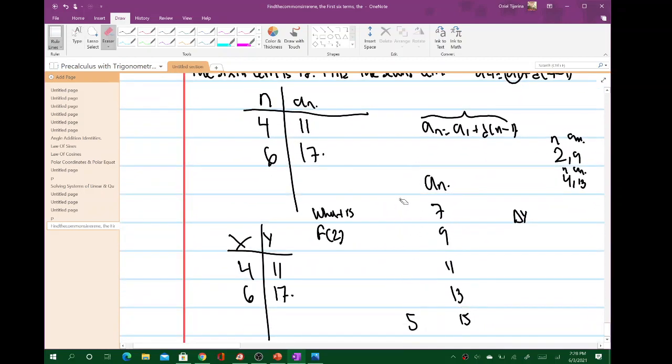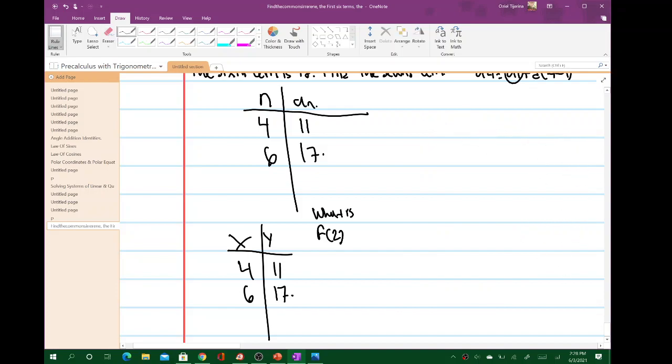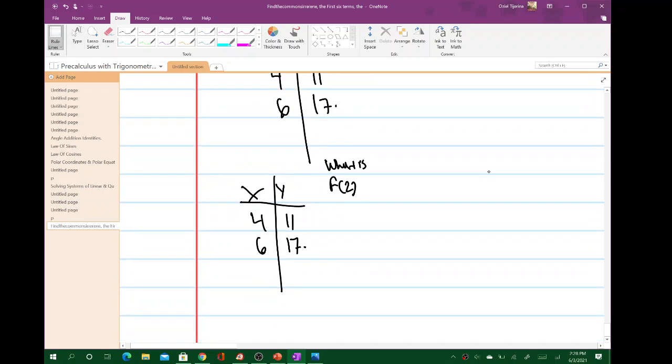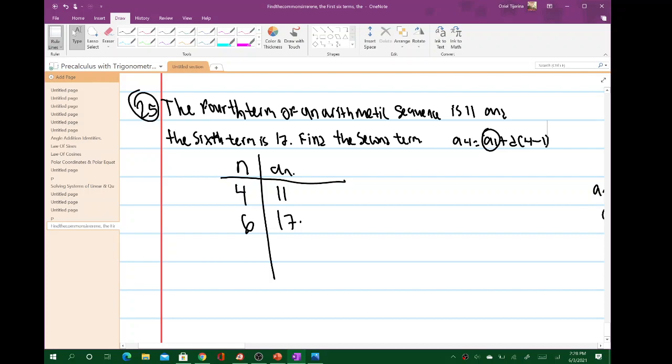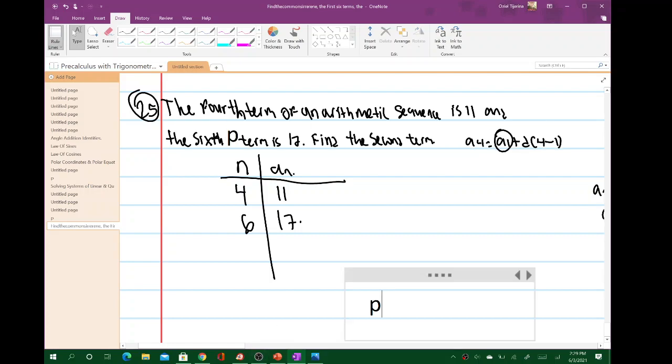So let's just erase this part already, since I already explained that part. Let's see, give me 1 second. So we know that this is not geometric. Now, if you want to find what the common difference is, the common difference, d, is equal to a sub n over n, okay?